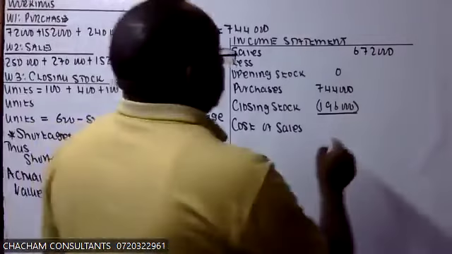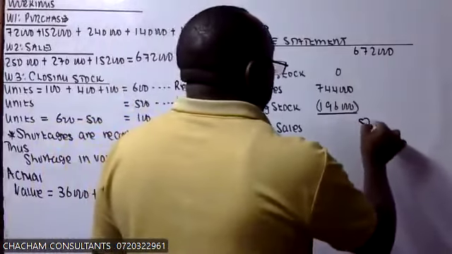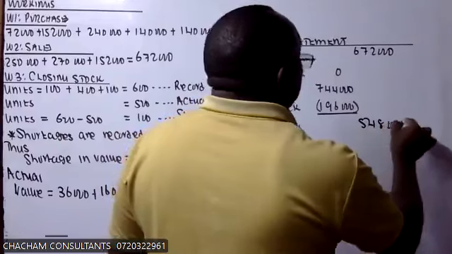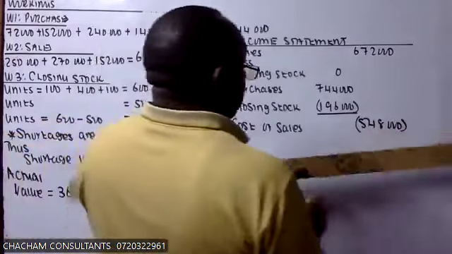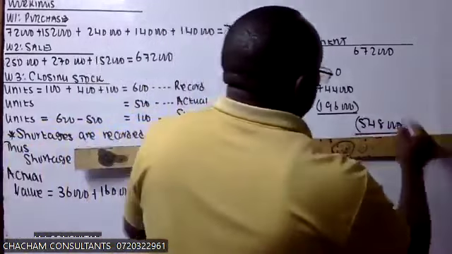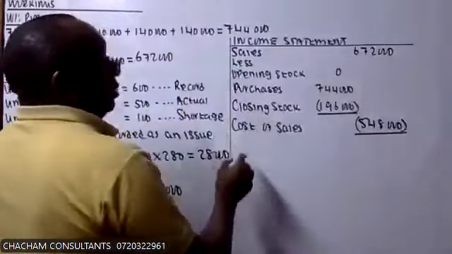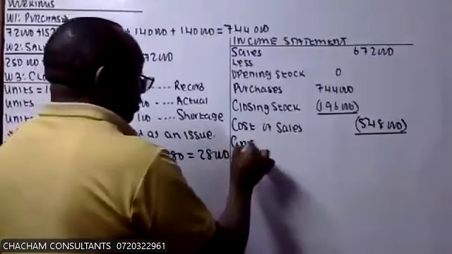The cost of sales is $548. So that gives us the gross profit.